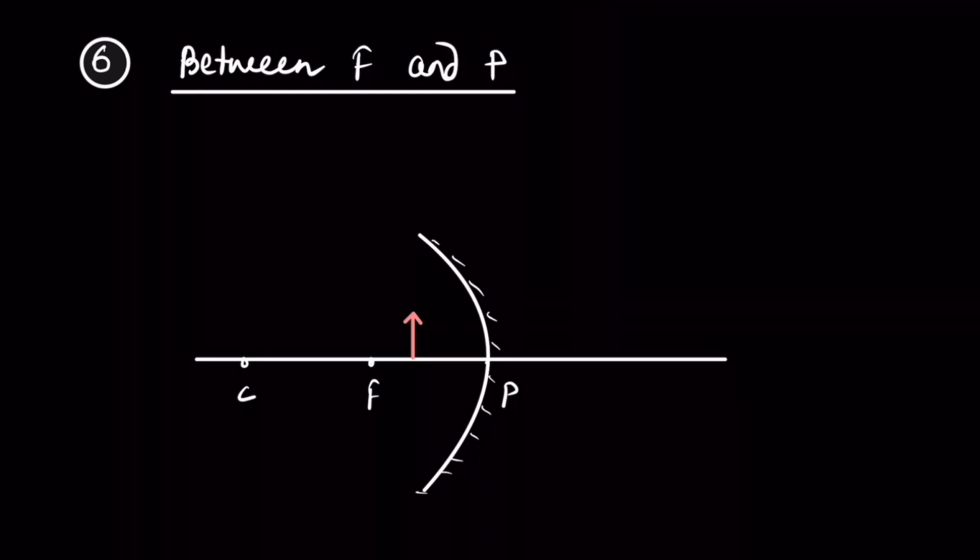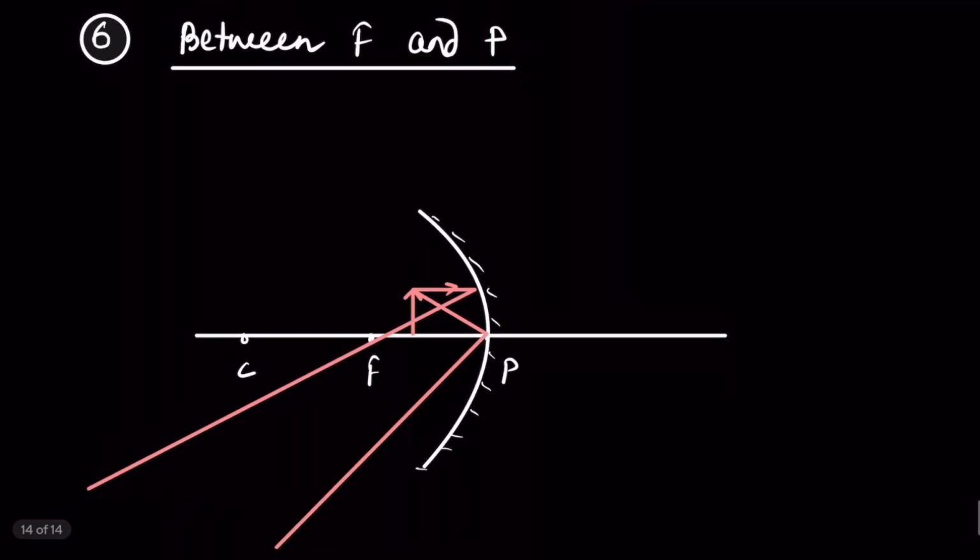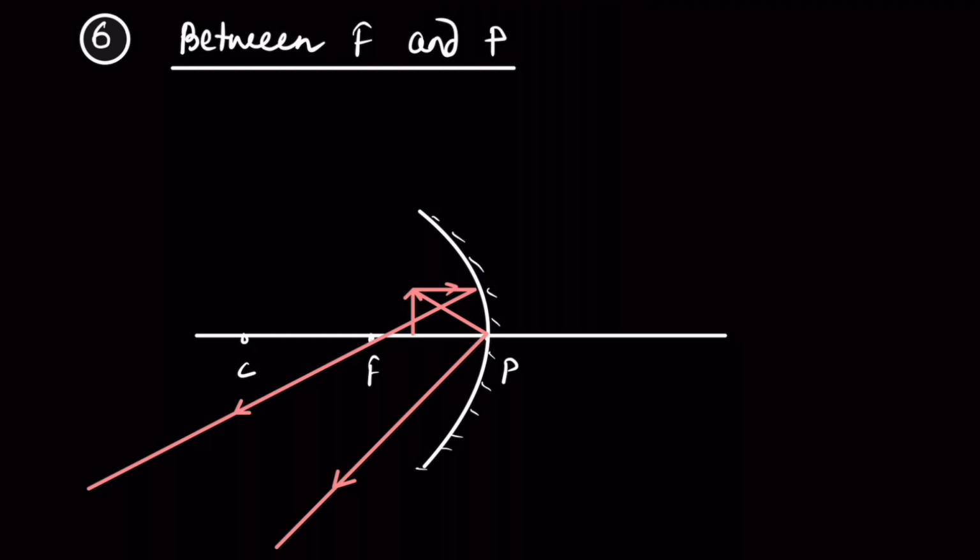And the same rules we follow. One ray is parallel, it passes through the focus. Second is the ray through the pole. So you see, both the reflected rays are diverging in nature. Anything which is diverging in nature means there must be some source from where it is coming out.